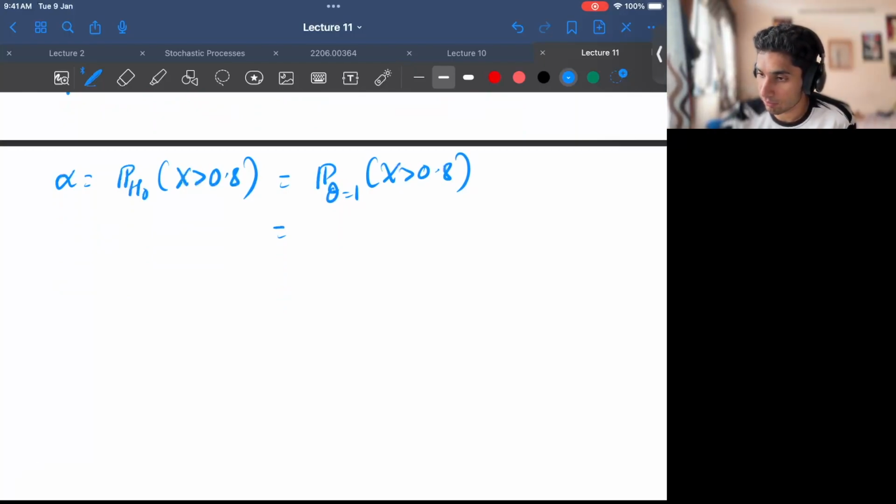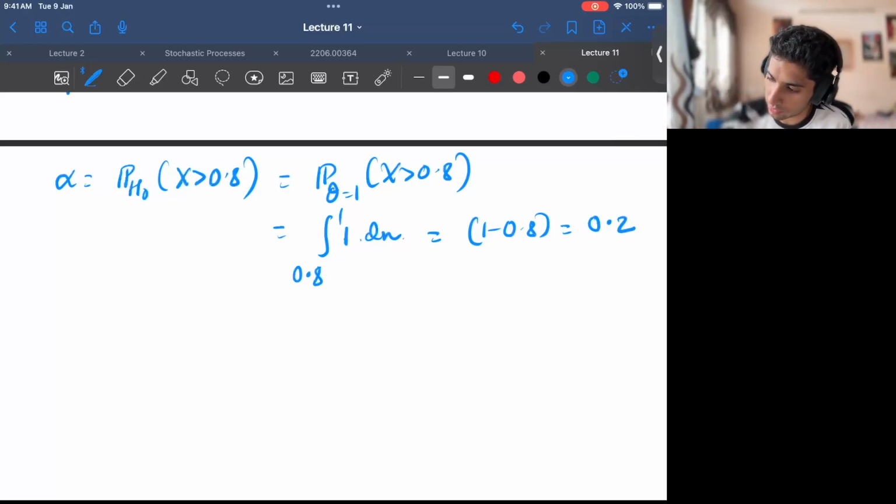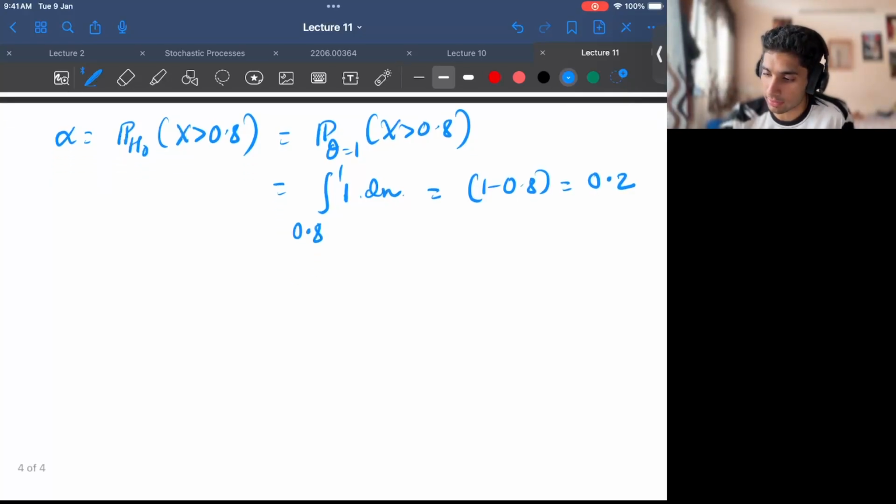So it's simply the integral from 0.8 to 1 of 1 times dx. That's all, right? You're just integrating the probabilities. This will become 1 minus 0.8, which is 0.2. So that is the value of alpha.